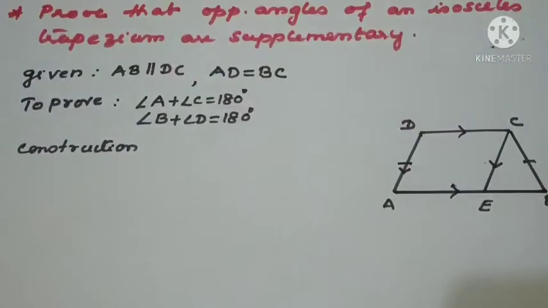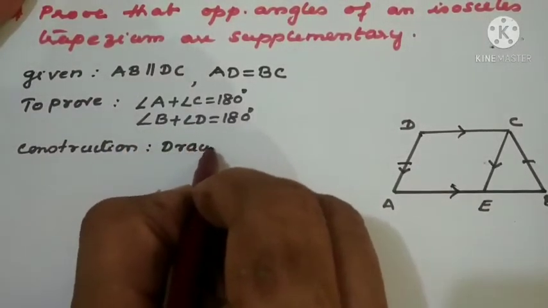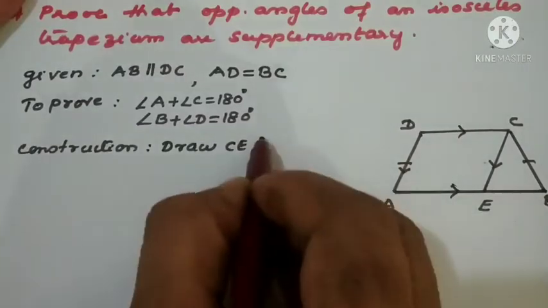Now consider AECD. Two pairs of opposite sides are parallel there. So what can we say about AECD? AECD is a parallelogram, right? So what will we write here? Construction first: draw CE parallel to AD.